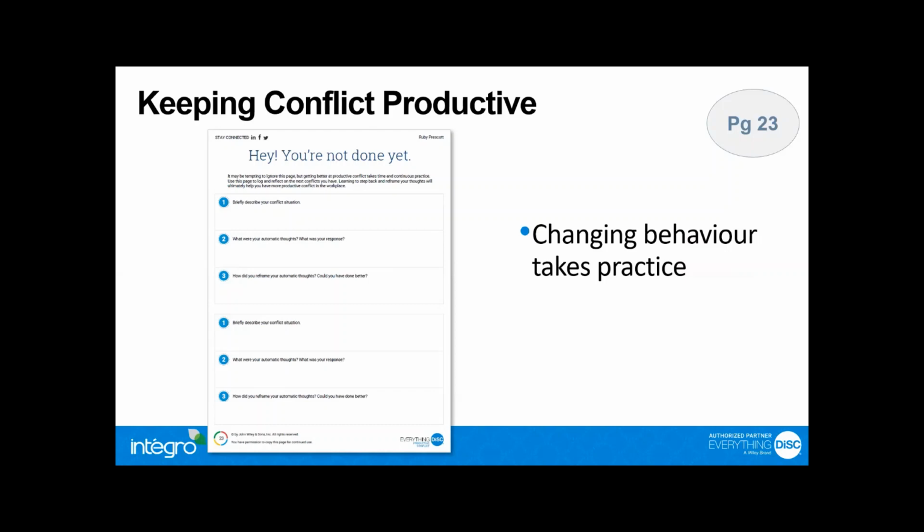And then how did you reframe your automatic thought? Could you have done better? So this is just a little worksheet to keep practicing. Whenever I find myself in a conflict situation, use the worksheet, and that's available in the facilitator kit as a PDF file as well, so it can be printed out to give out to participants for extra copies if they want to. Okay.